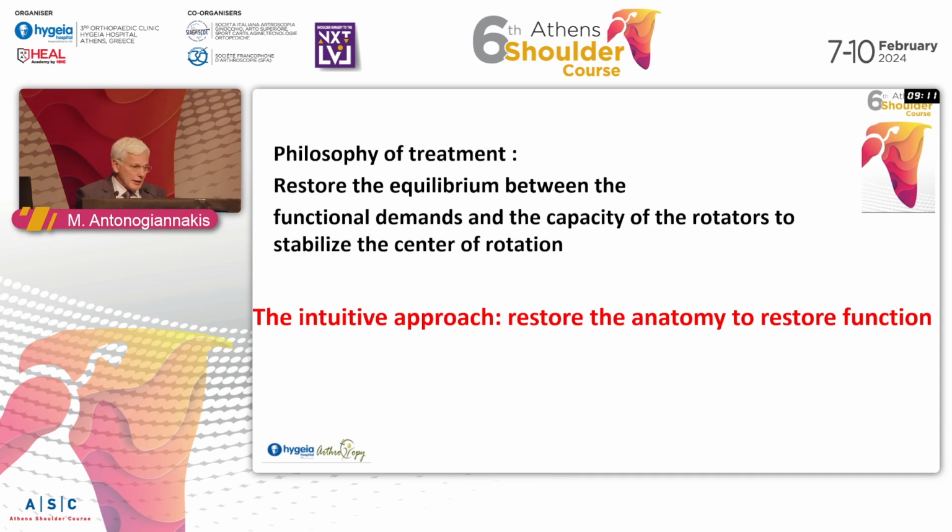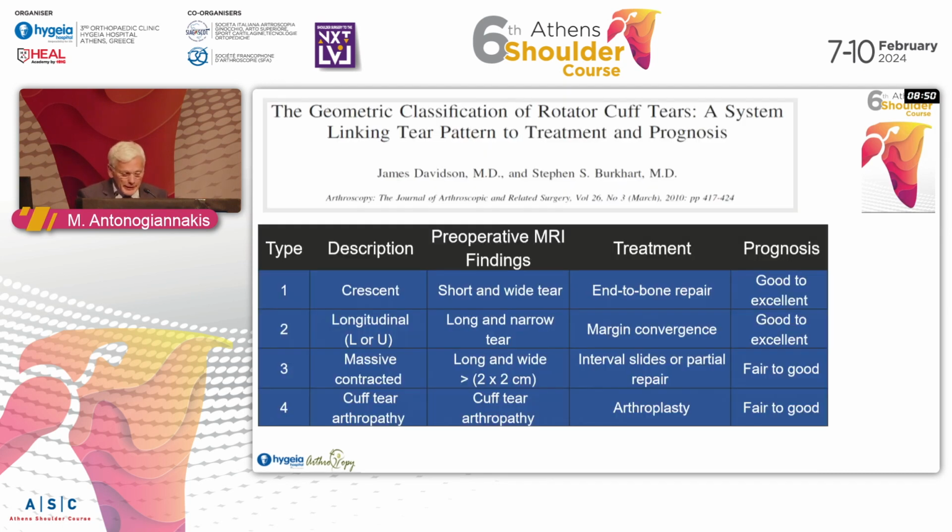So, okay, we are surgeons, and when we have a tear that distorts the function and the equilibrium of force, that's a problem in anatomy, so let's repair the anatomy, restore the anatomy to restore the function. This is intuitive. This is what we think at the beginning.